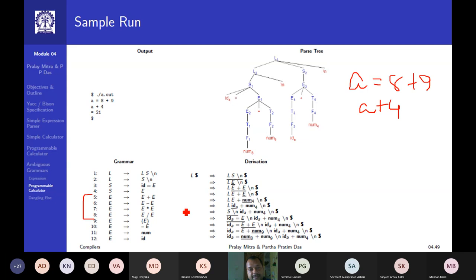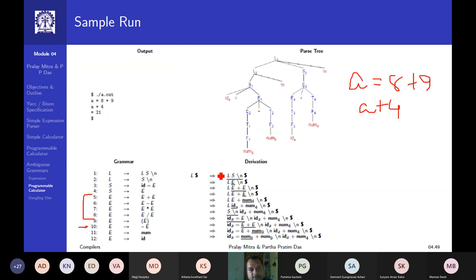E derives E plus E, E derives E minus E, E derives E multiplied by E, E derives E divided by E. And also unary minus is of course there. I am not going to explain step by step, you can work out this one, it's very easy.